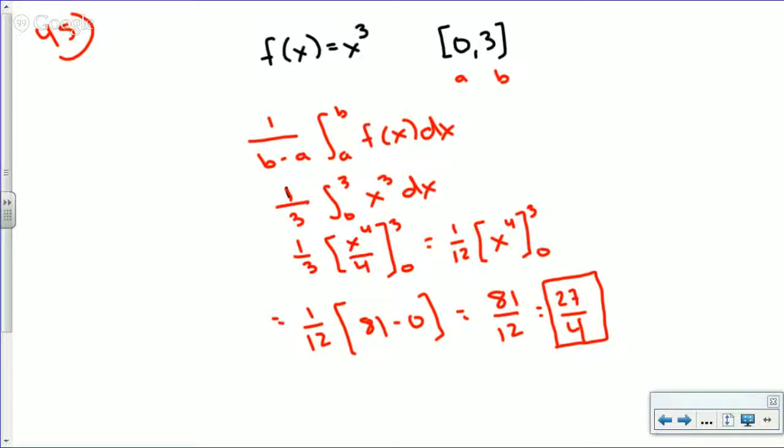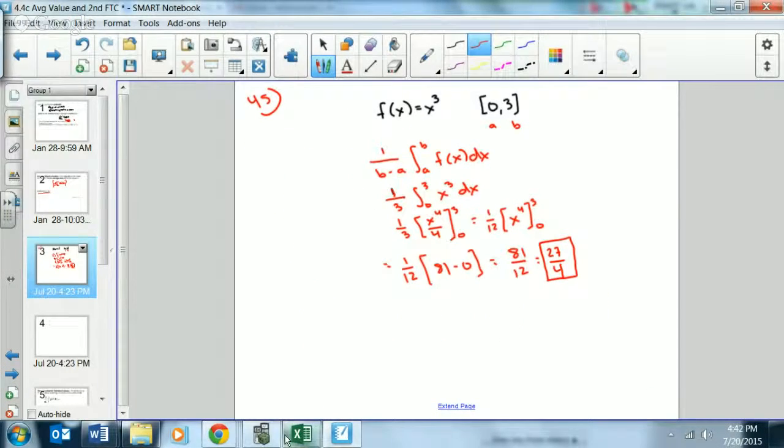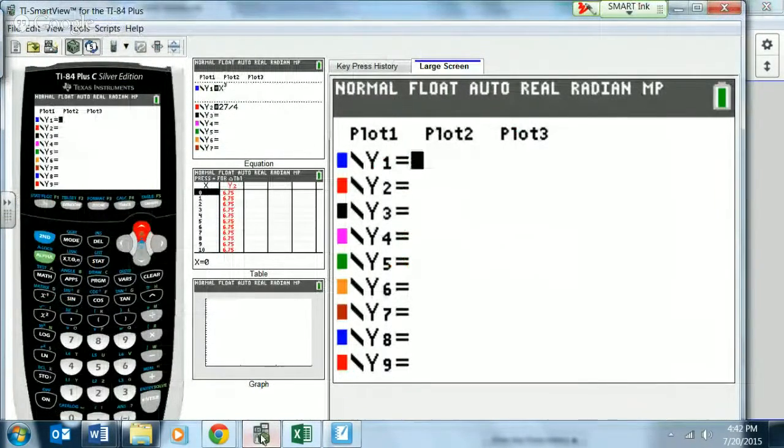Okay, I would like for you to grab your graphing calculators now, and I kind of want to show you what's going on graphically. So if you will get your graphing calculators out, please. If you need more time, just pause the video. What I would like to do is first of all graph the original function x cubed and find the area under the curve from 0 to 3.